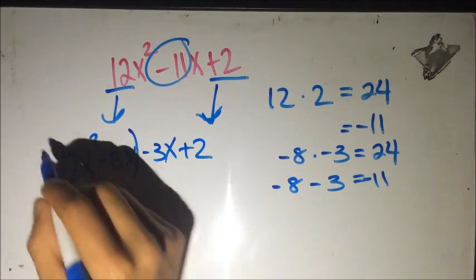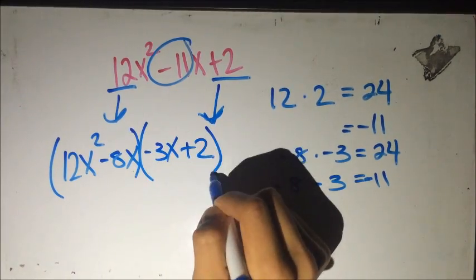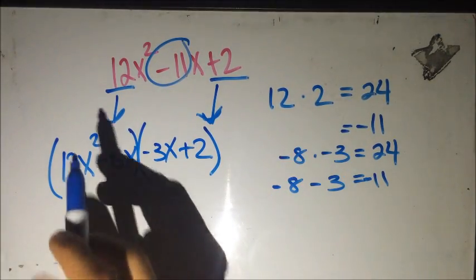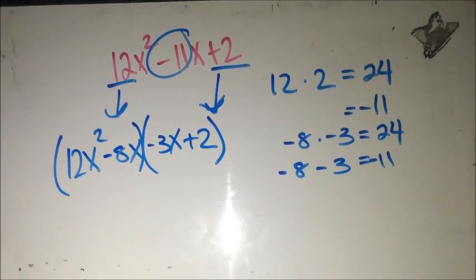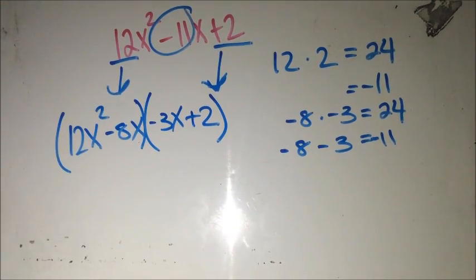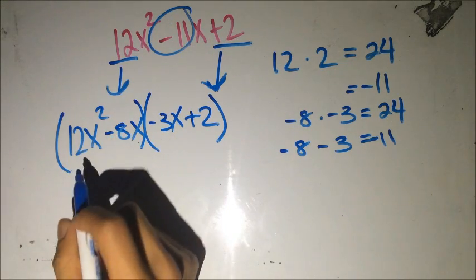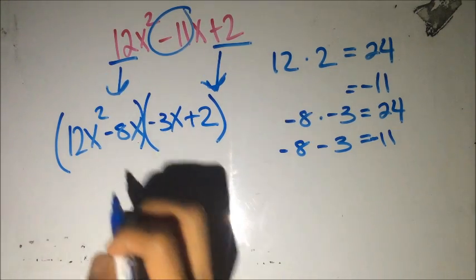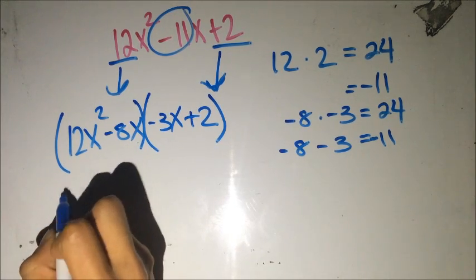Now we put the parentheses. Now remember, this is a negative 3x. Now we simplify. We factor out the GCF, which is the greatest common factor, of each binomial. So 12 and 8 are divisible by 4.